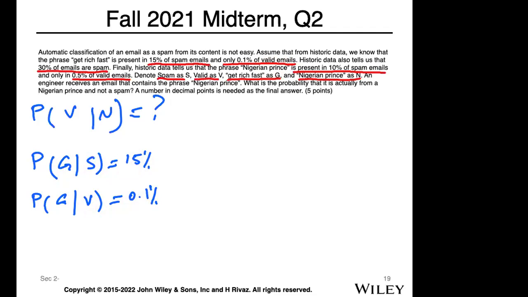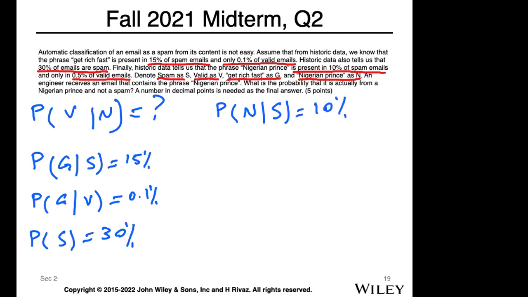Continuing, historic data also tells us that 30% of emails are spam. So the probability of spam is 30%. And historic data tells us that the phrase Nigerian prince is present in 10% of spams, given spam is 10%, and only in 0.5% of valid emails.